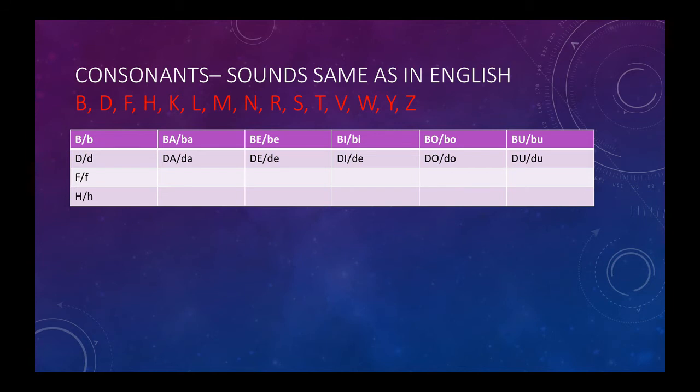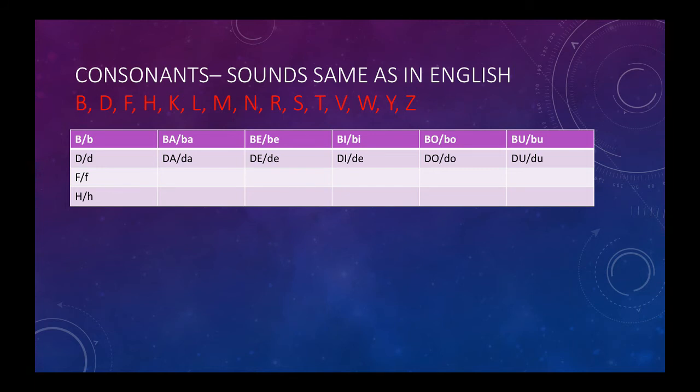The consonants that are in red are pronounced the same as in English. Using the same rules as used in vocali, each consonant can be pronounced the same way. For instance, using the table, B as the first consonant can be said like this: ba, be, bi, bo, bu.